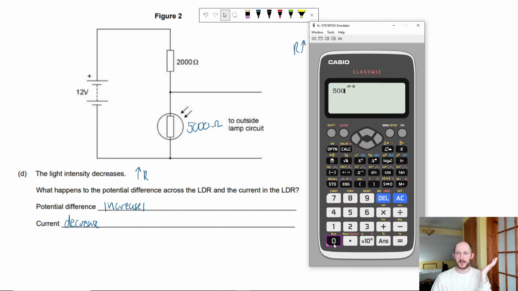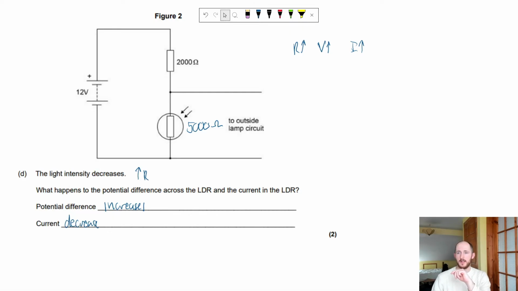It's kind of like scale factors in maths. So the resistance through the LDR is 2.5 times bigger than the resistance in the resistor. Okay, cool. That means whatever the voltage is here, it should be 2.5 times bigger on this side.